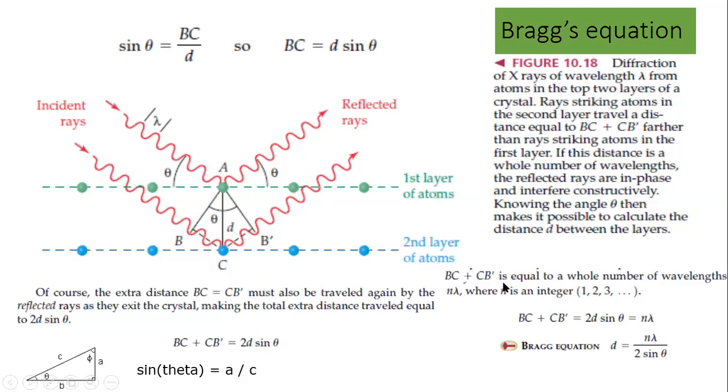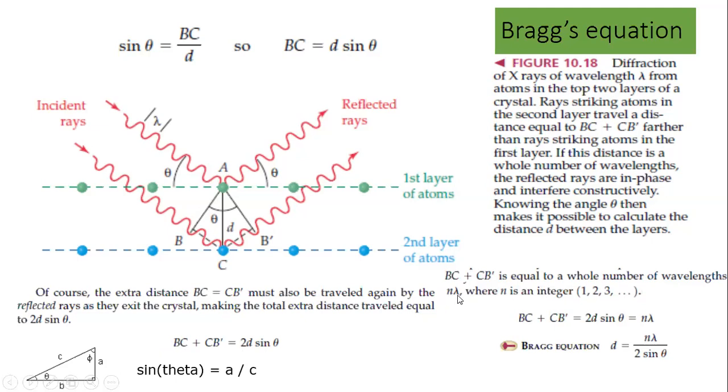So let's move to another assumption. When these two are summed up, in case of constructive interference, their summation 2d sine theta holds only when this whole number is equal to n lambda.